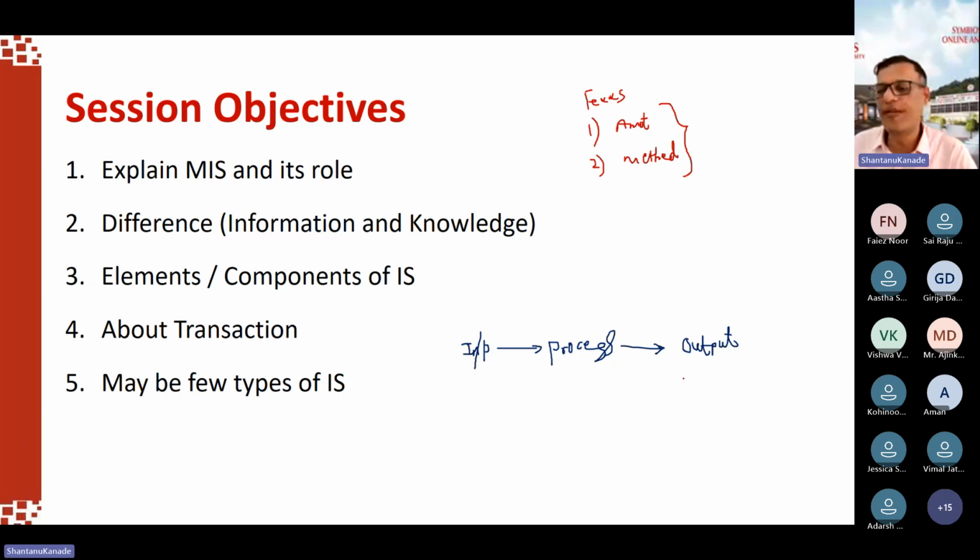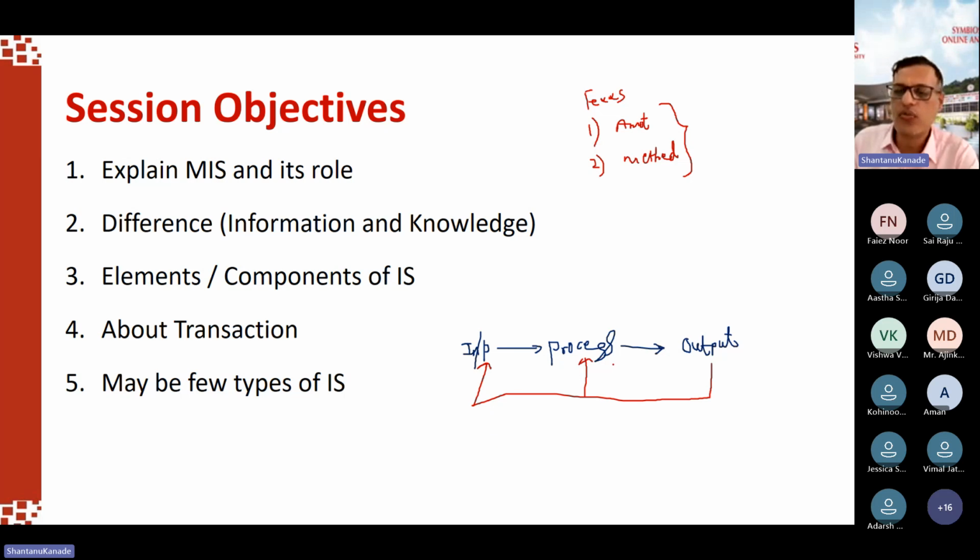Okay, so every system has a mechanism. It is called a feedback mechanism. Okay, so once I receive an output, I will get a feedback on what is happening. For example, suppose I'm getting a wrong receipt. If it is a cash transaction, I can immediately tell the clerk that the amount written on this particular receipt is wrong.